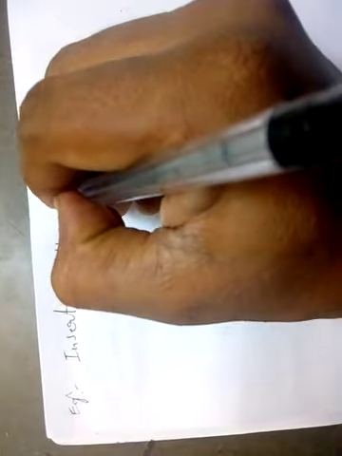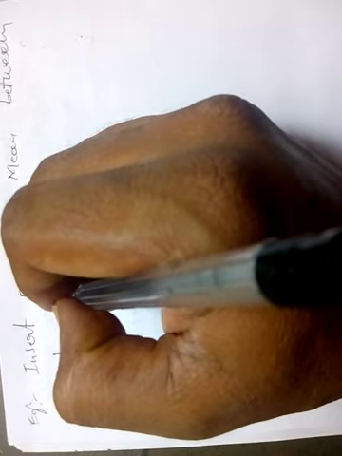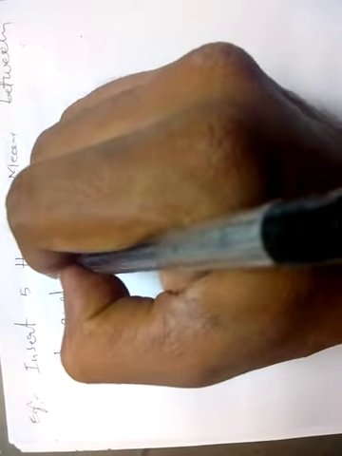So observe one example. Insert 5 harmonic means between 1/2 and 1/14.